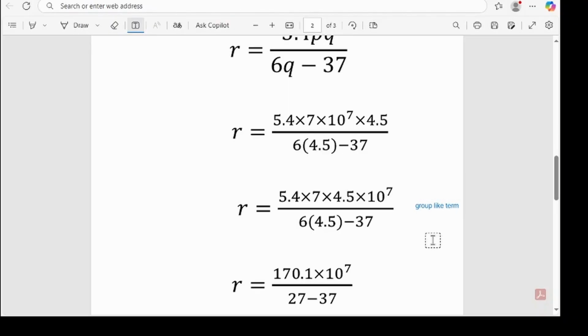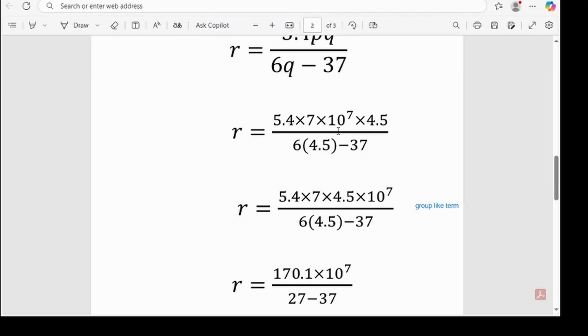Okay. So when we group like terms, you get to find out from the previous step that some numbers are in simple numeric forms and others are in standard forms, right? So 10 exponent 7 is in standard form, okay?